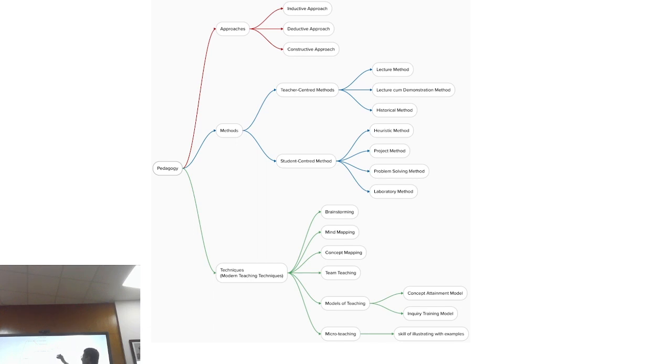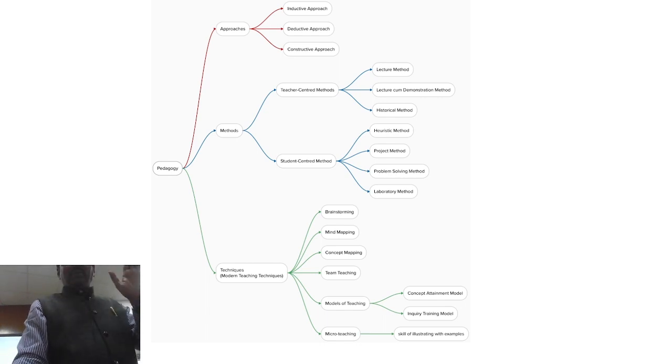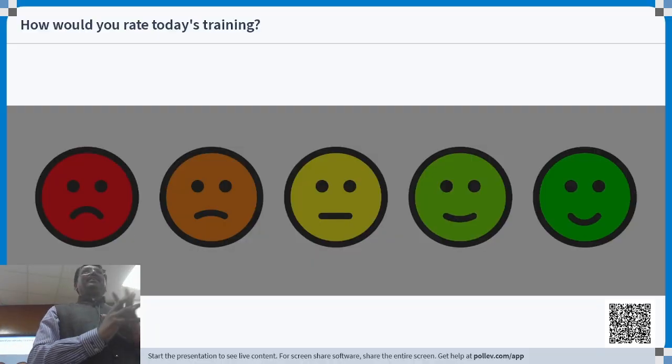Student-centered methods we have discussed: heuristic method, project method, problem-solving method, laboratory method. Techniques we have discussed: brainstorming, mind mapping, concept mapping, and team teaching. We have not discussed, but models of teaching are also there. Micro teaching I have concluded.